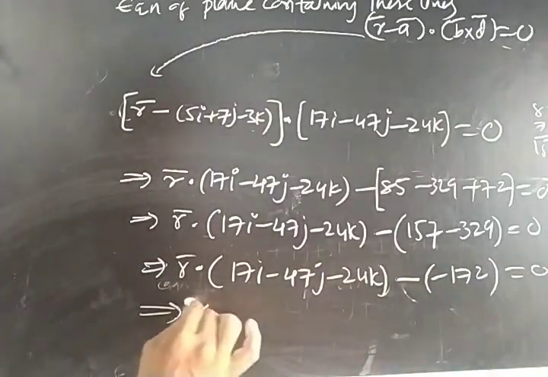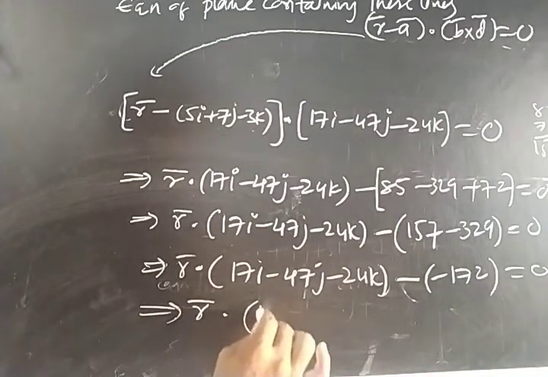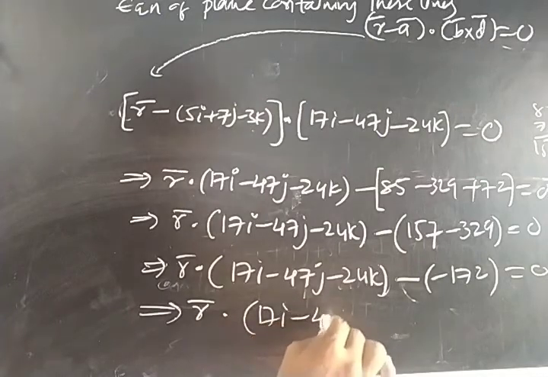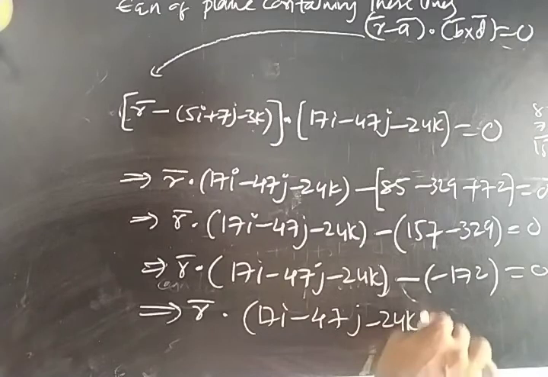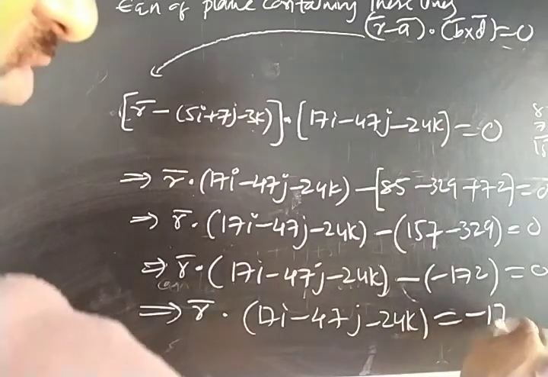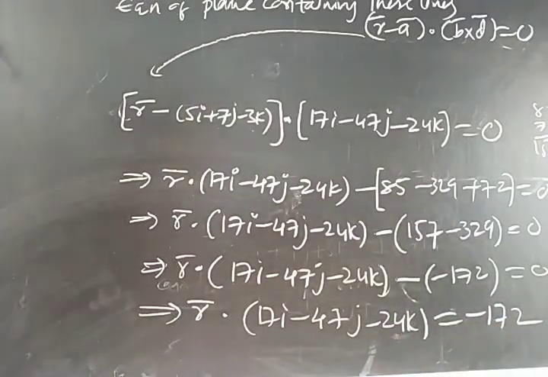So what is the answer? R bar dot (17i minus 47j minus 24k) is equal to 172 with sign as computed, which is the required equation of the plane containing the two non-parallel coplanar lines.